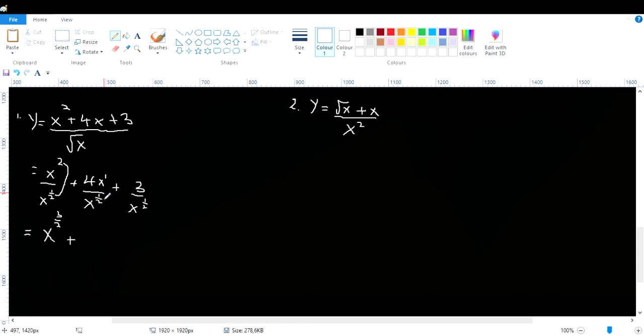We're going to minus here. And we have 4x to the power 1 over 2. 1 minus 1 over 2, answer is equal to 1 over 2.